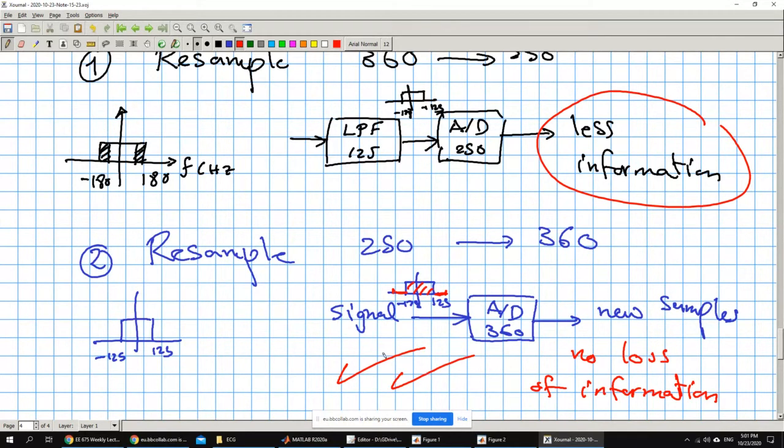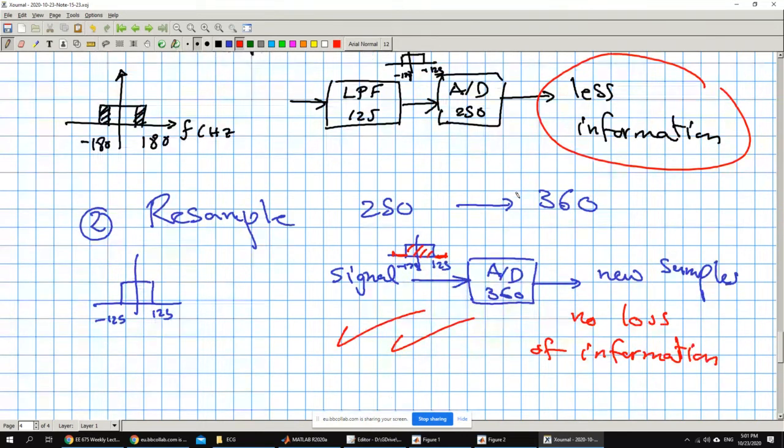You can do both actually, but if you do that, you will have some loss of information. When you're trying to classify signals, you don't want to lose information, because this information might be important in the classification process. So it makes more sense to resample the 250 to become 360.